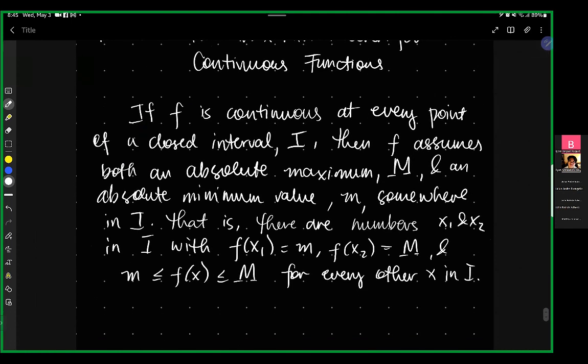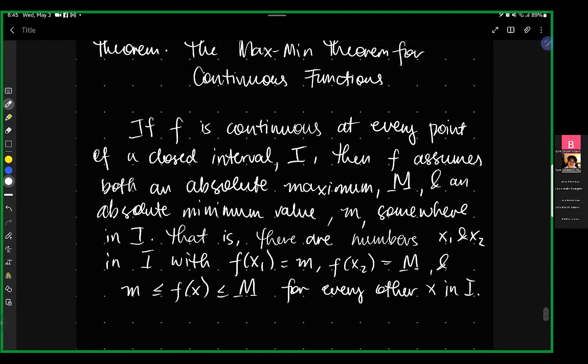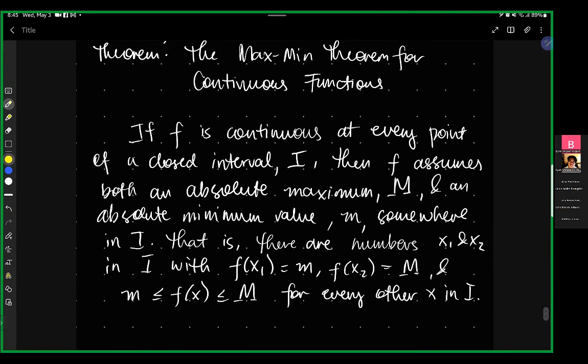But what does the Max Min theorem say? It says that if you have a continuous function f, it is important to note that your function must be continuous. And long before, I have discussed with you how we know that a function is continuous. We have 3 requirements for that, if you remember. And of course, you need to make sure that the function you're working with passes those requirements.